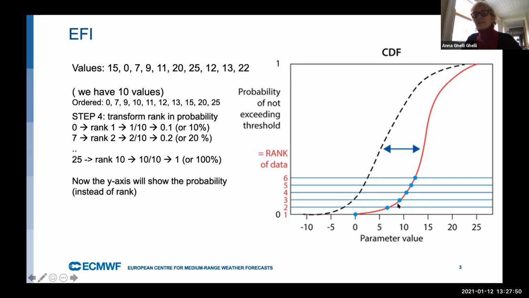Is that more or less clear? This is the rather complicated bit of information that needs to be understood to be able to read a cumulative distribution function.